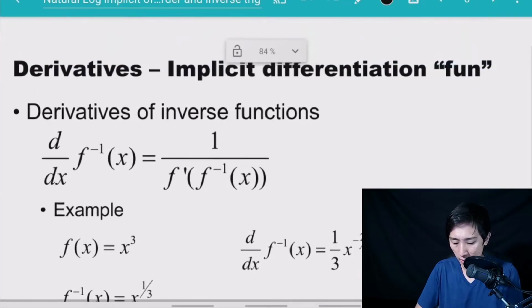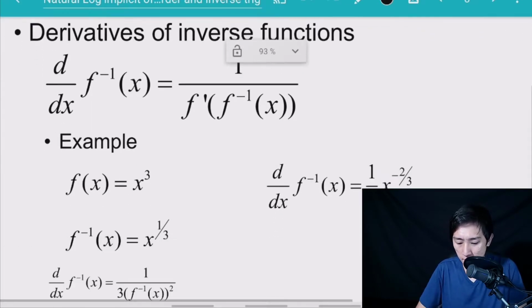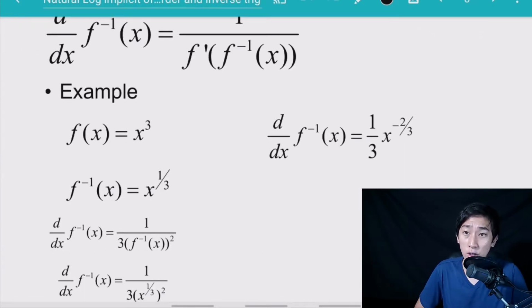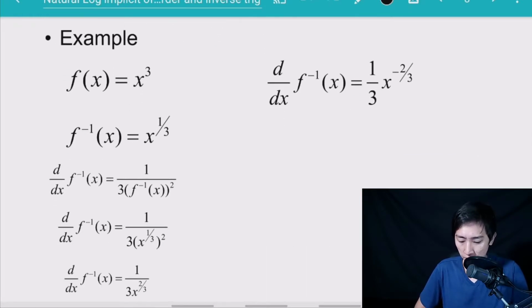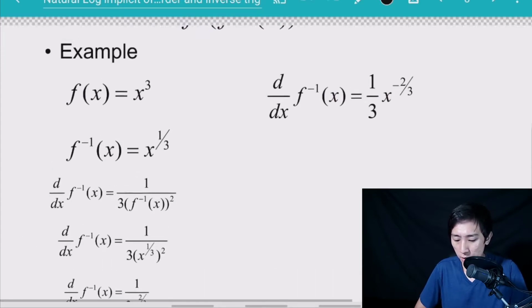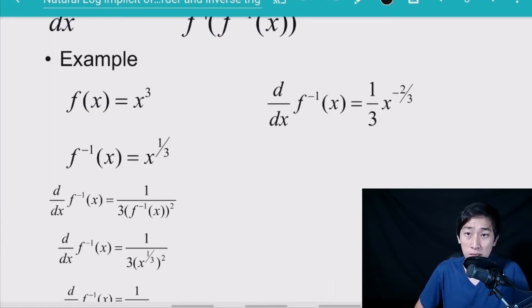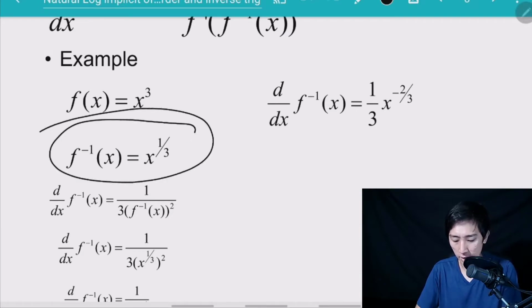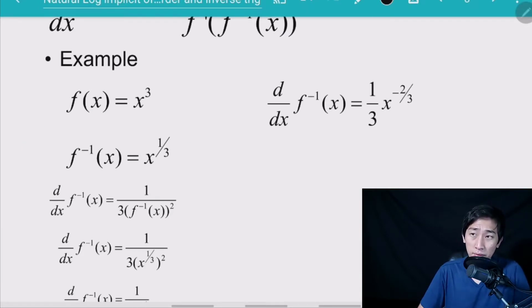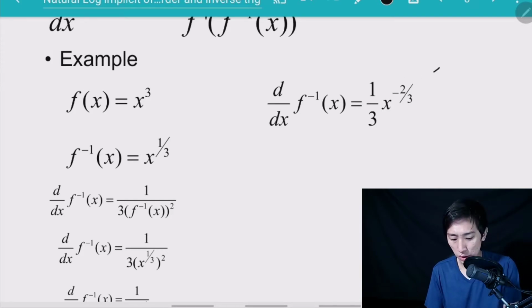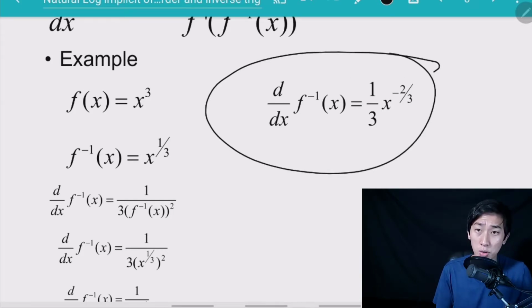The best way to do it is with an example. So with this in mind, let's look at our x cubed function. The inverse of this is x to the 1/3, or our cube root function. Now, if we're taking the derivative of our inverse function, the x to the 1/3 function, how do we take the derivative of this? If I gave you this problem, you should be able to figure it out purely using your power rule.